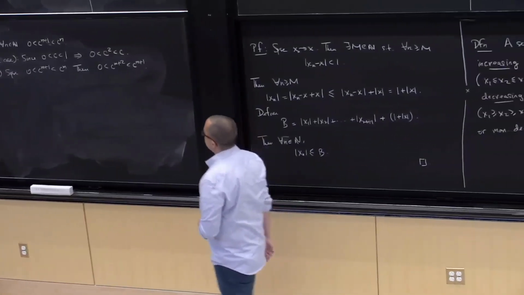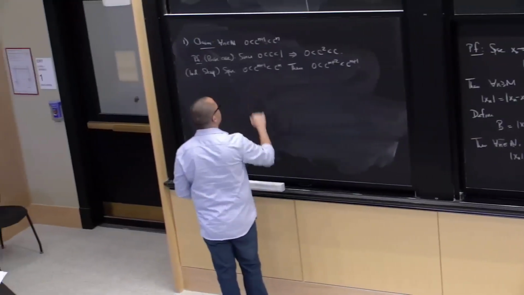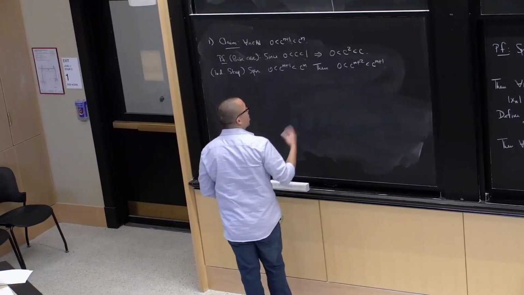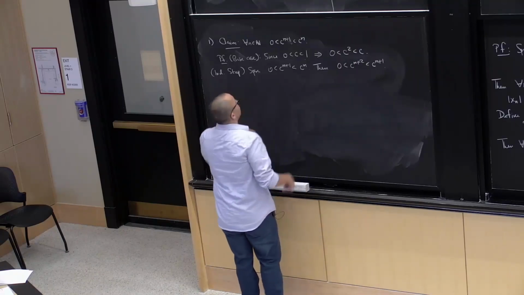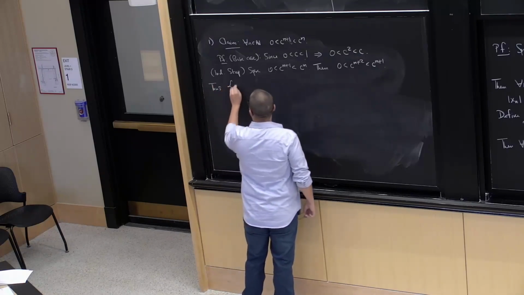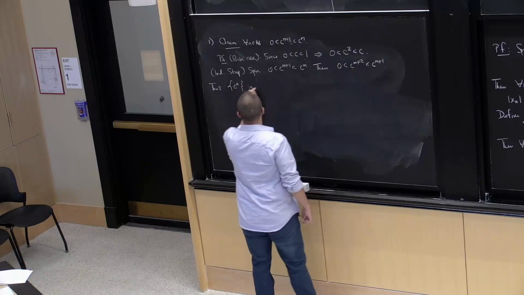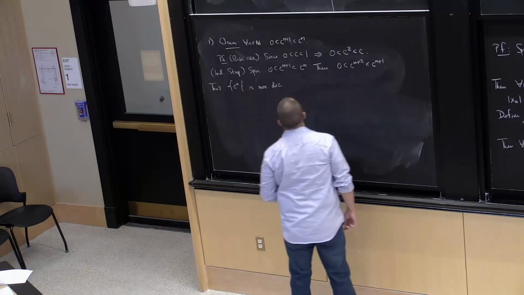Okay, here we're using the fact that c is positive, so it doesn't flip the inequalities. So I can multiply through and preserve the inequalities. Okay, so this shows that this sequence is monotone decreasing, and it's bounded below by 0.